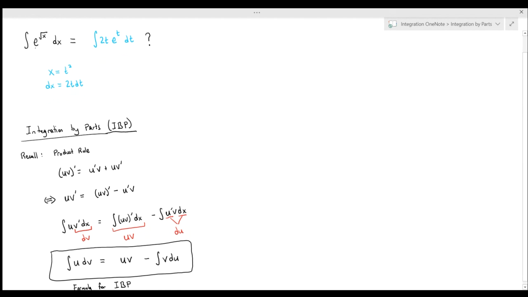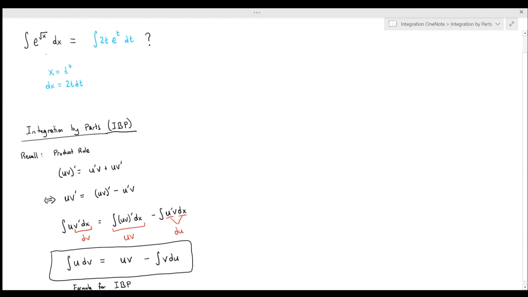I had the integral of e to the power of square root x dx. And what I did with this integral is I started with a change of variables. What I chose to do is make the change of variables x equals t squared.